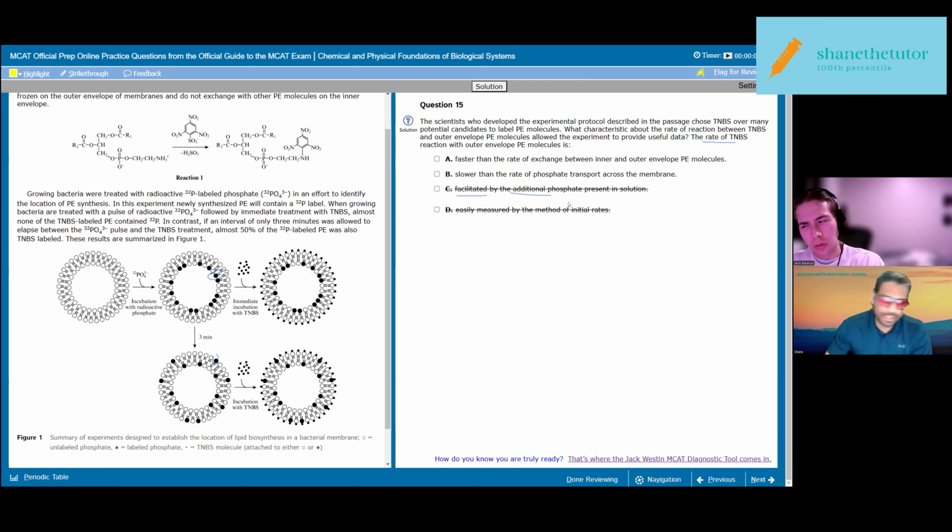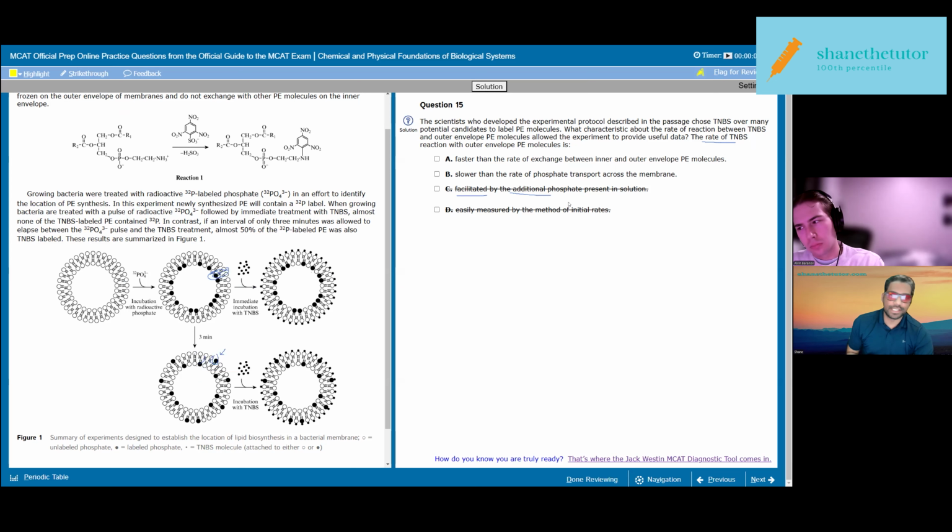So people might think there's only two possible ways this could have happened. Either this labeled phosphate can pass through the membrane to be on the outer membrane, or the phosphate doesn't have anything to do with it, but it naturally flips and flops.